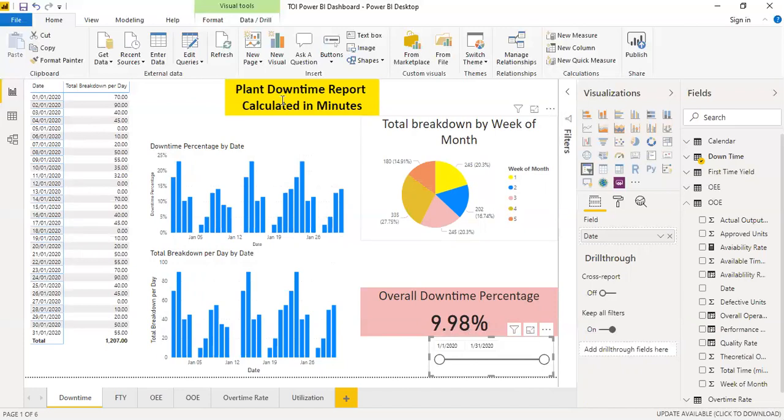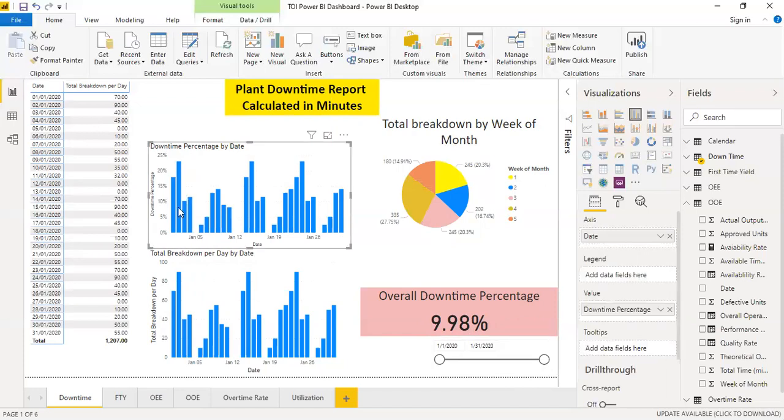And this is the plant downtime report calculated in minutes. So you have this chart for downtime percentage by date, a daily downtime report in percentage, showing what percentage of downtime there was on that particular day out of 100%.